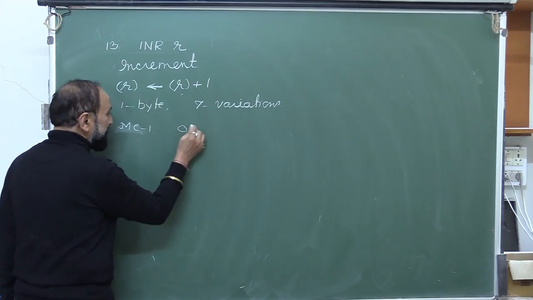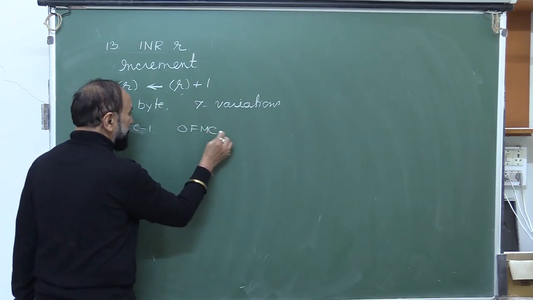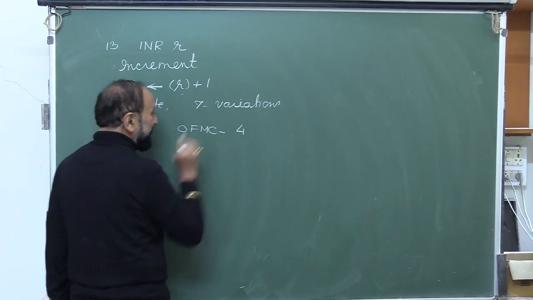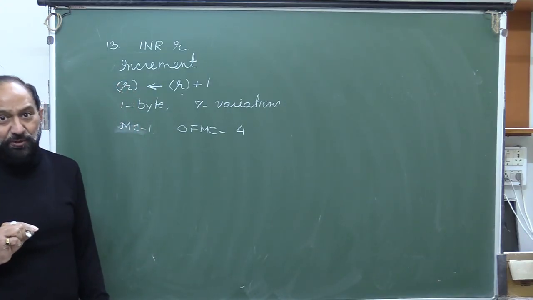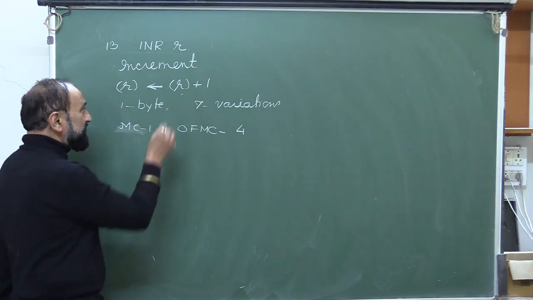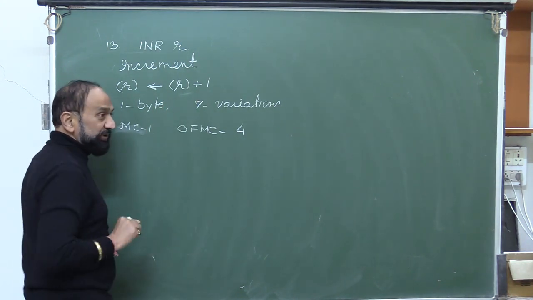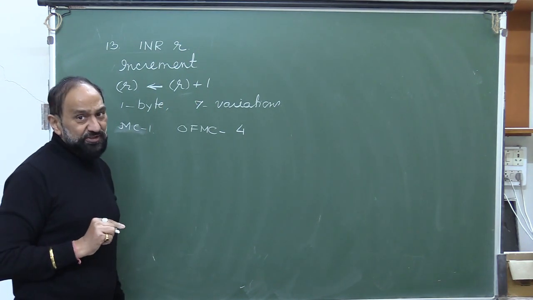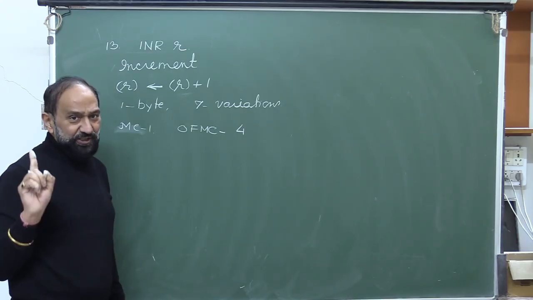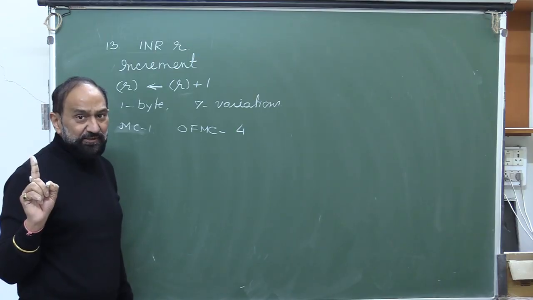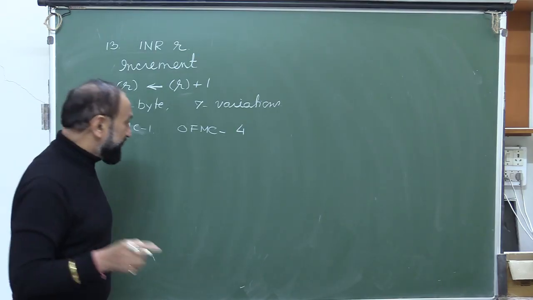Now what happens in this particular case? The first machine cycle is the opcode fetch machine cycle of 4 states, where the instruction is fetched and decoded, and now it is to be executed. Since register R is within the processor, no further reading is required, only execution.